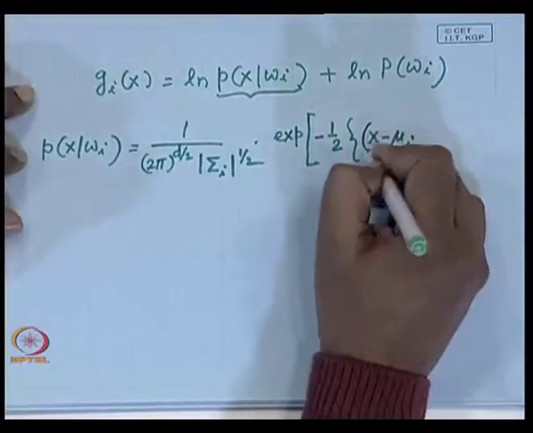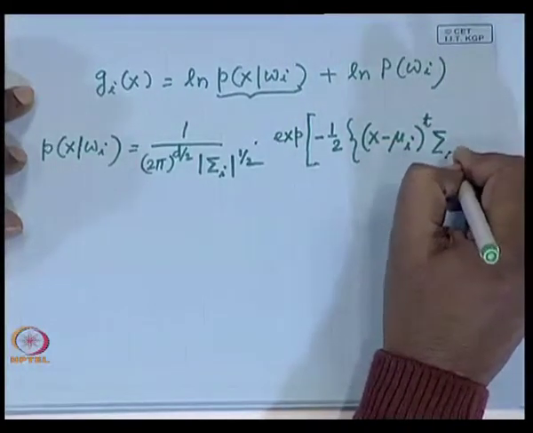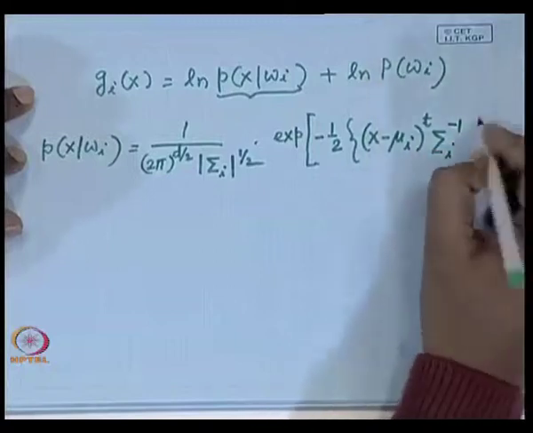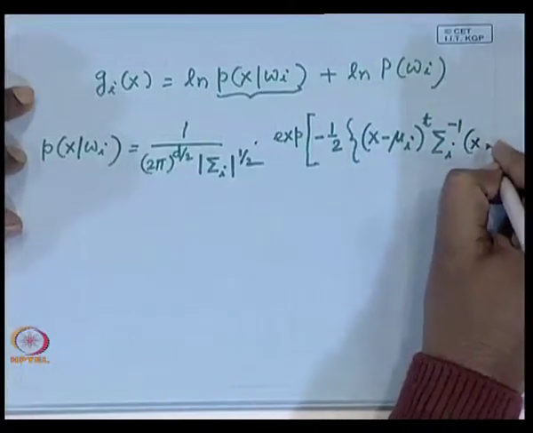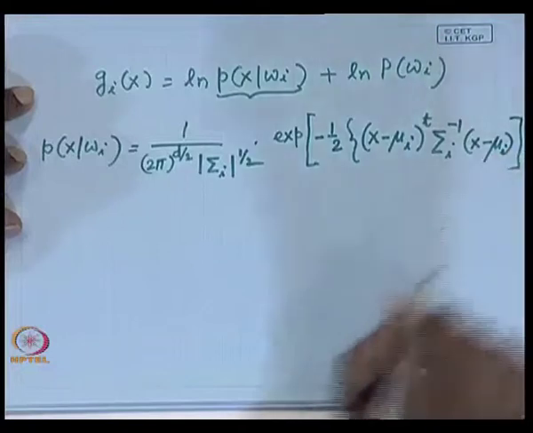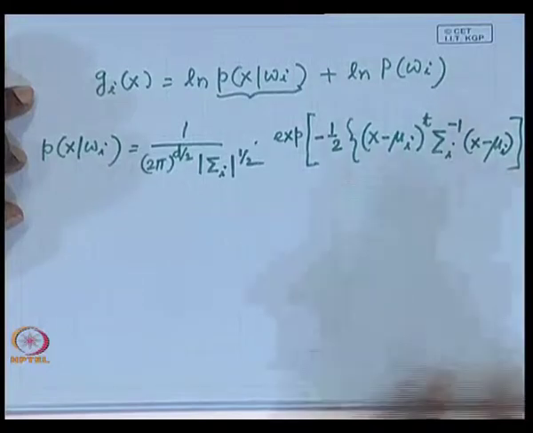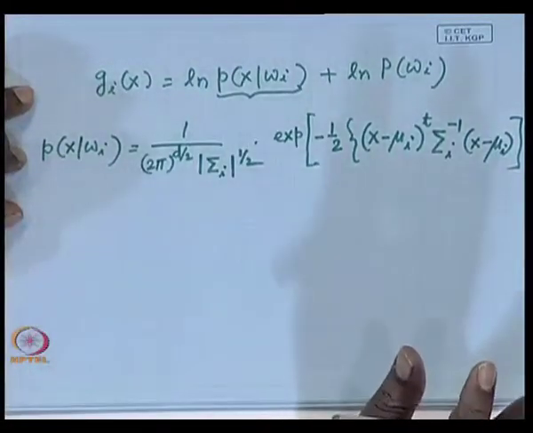Okay. So, (x minus mu_i) transpose sigma_i inverse, okay, into (x minus mu_i). This is my class conditional probability density function.